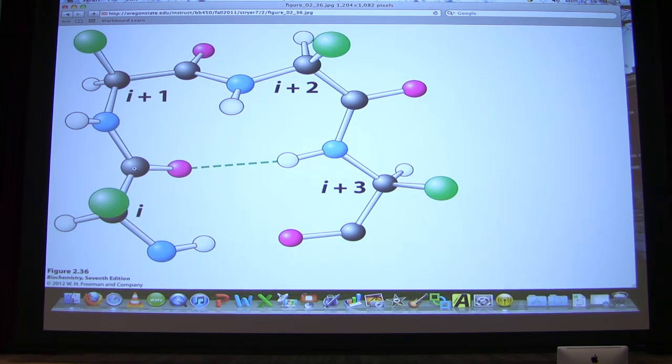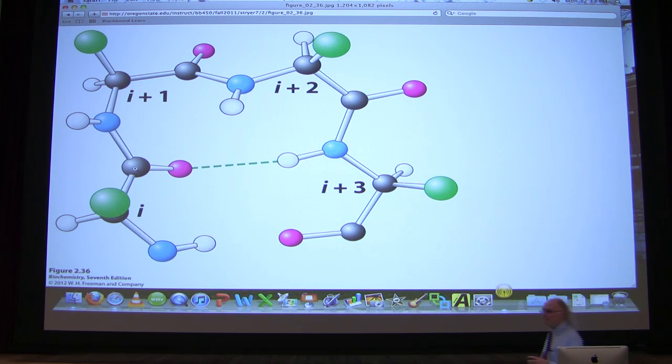And when we see a turn, there's a variety of configurations they can have, but a common form has been identified that involves, in this case, 4 different amino acids. There are some that involve 3, there are some that involve even more. But suffice it to say that this is a common structure that we see. Not surprisingly, one of these amino acids is proline. Very commonly, proline.